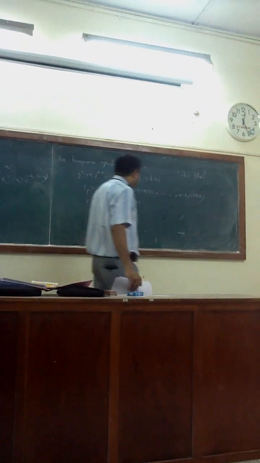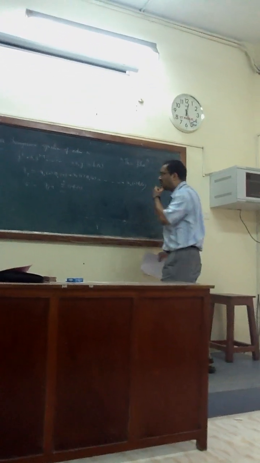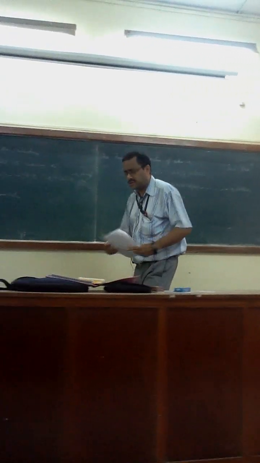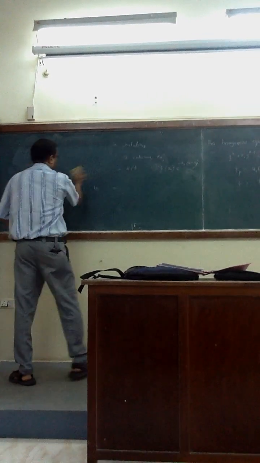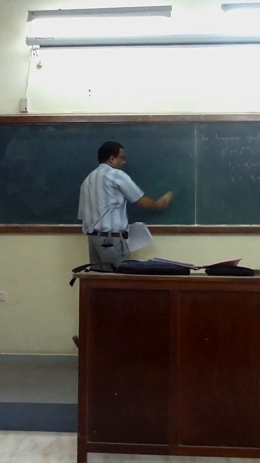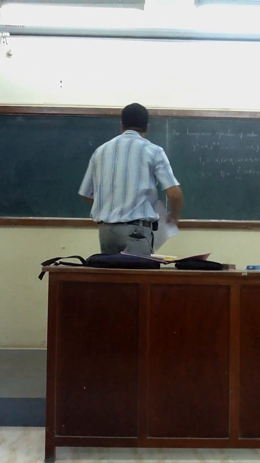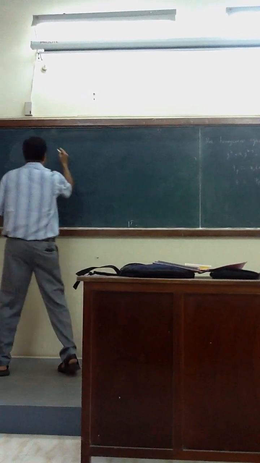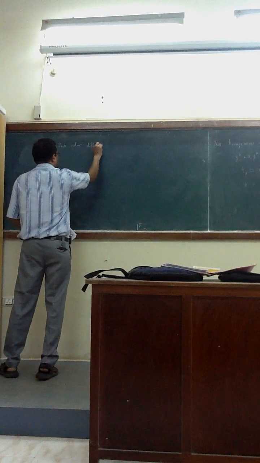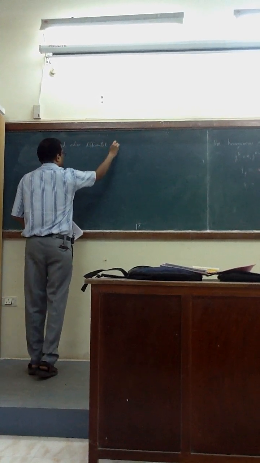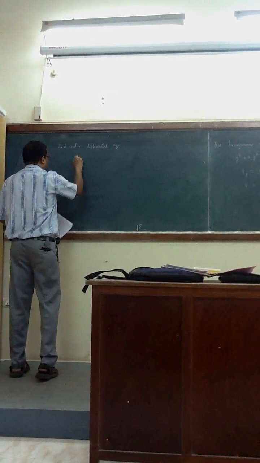This is the solution. Now, if you recall, for the second order differential equation, what did we do? For the second order differential equation, you know that we had to solve for u1 and u2.